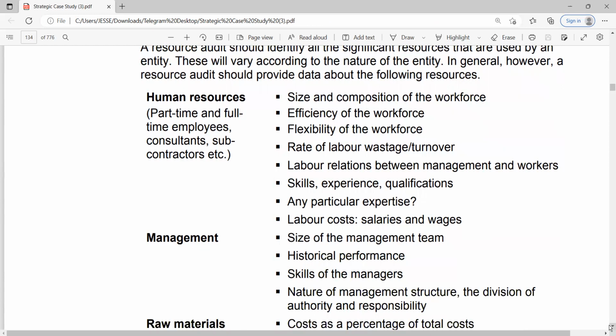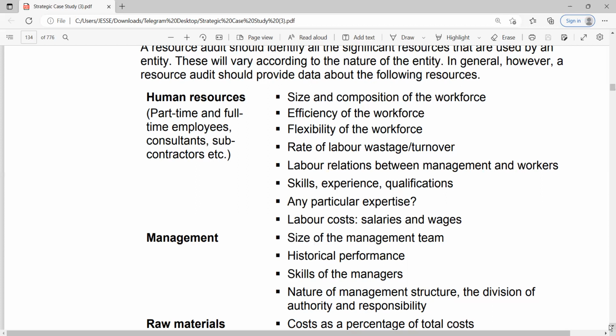So human resources. If you are doing a resource audit, an audit of human resources, what are the things you are potentially looking for? You are looking for the size of the workforce and the composition of the workforce. When we say the composition of the workforce, you can look at it in terms of the skill set of the workforce, the age of the workforce, the diversity of the workforce, etc. Number two, you can also look at it in terms of the efficiency of the workforce.